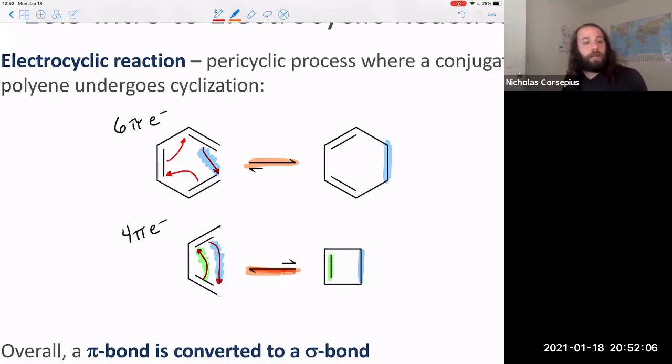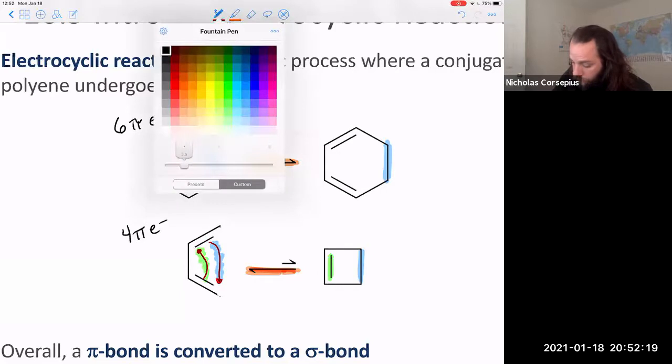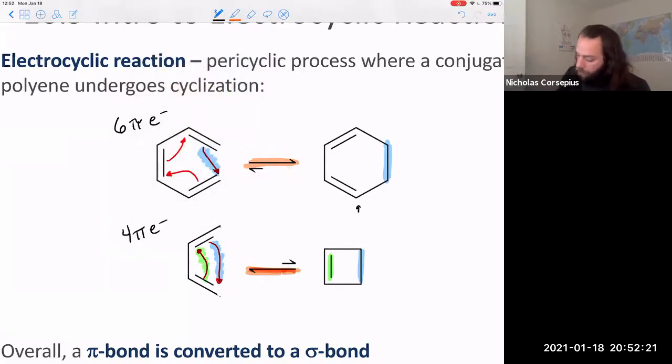These 4-membered rings have a lot of angle strain, so they're not particularly favorable to be formed. Doesn't mean that we don't have to learn about them or they're not important, but just note that this isn't going to be a great reaction in terms of yield. Over here you might get a 90% yield, or over here you only get a 20% yield, something like that.